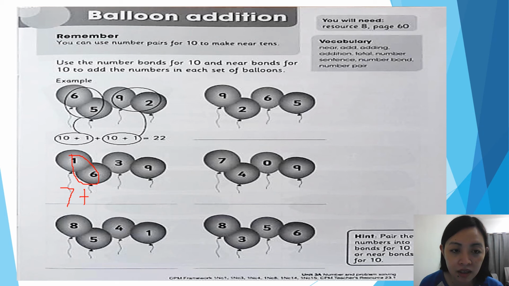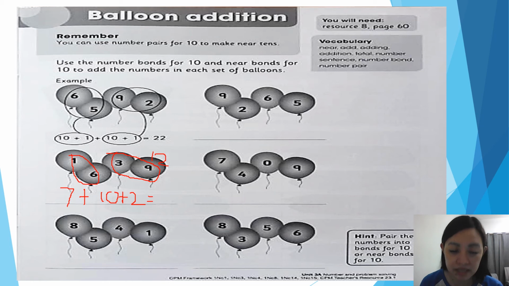Plus 3 and 9 is equal to, what's the answer? 3 plus 9 is equal to 12. So since 12 is more than 10, we're going to divide it into tens and ones. So plus 10 plus 2. Okay? So now, let's find the sum or the total.